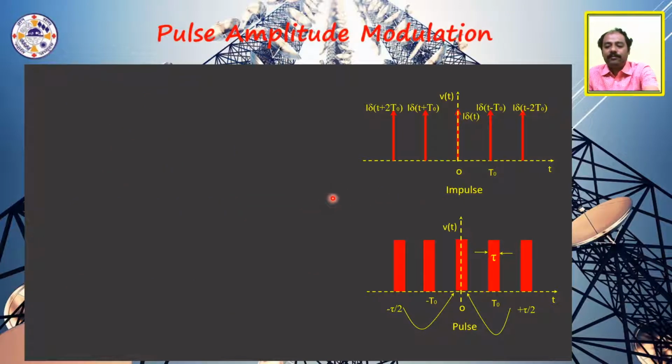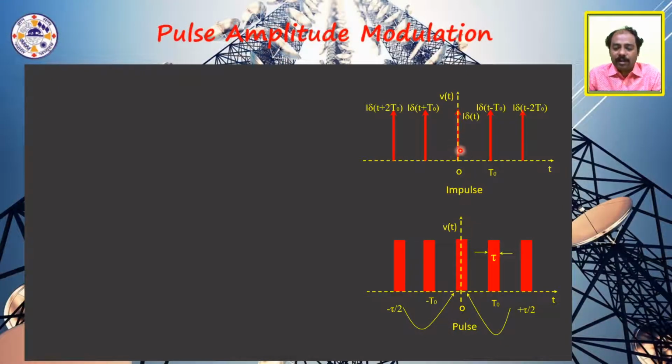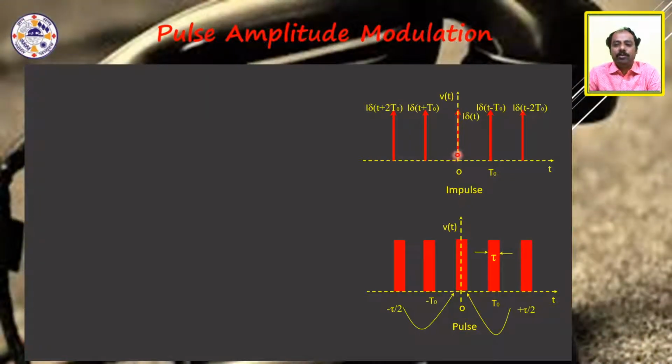Clear? So what is the difference between pulse and impulse? Actually, a pulse has some finite duration. You can see from this figure that the width of this impulse is instantaneous. That is, theoretically it has no width.